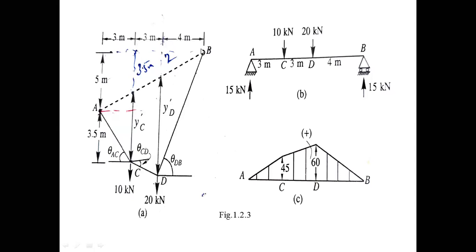Ten meters horizontal. Let us call this A dash. Let A B A dash be one triangle of horizontal length 10 meters and vertical side 5 meters. All of you follow? Yes, sir.